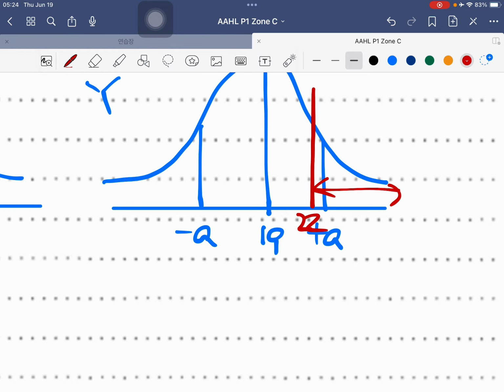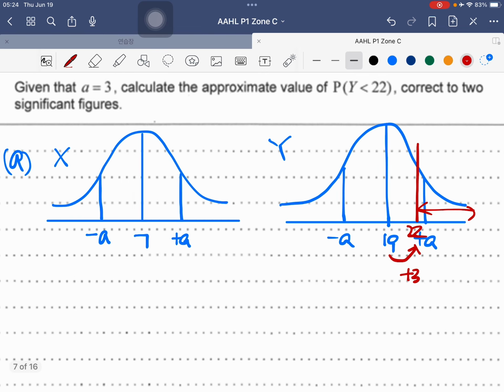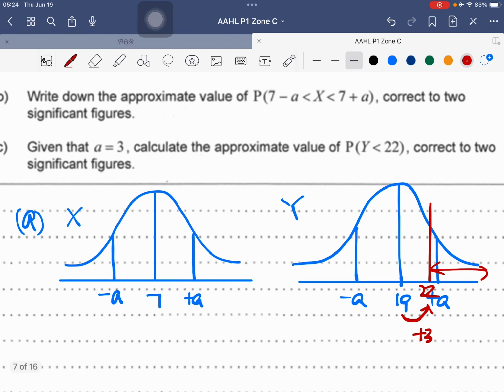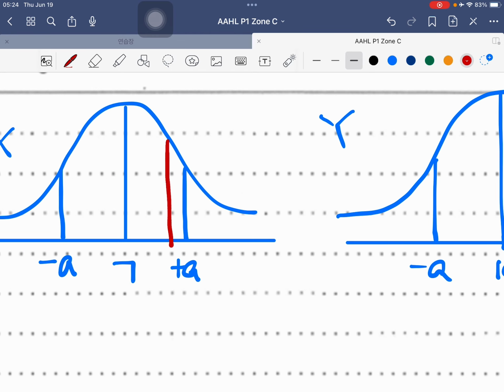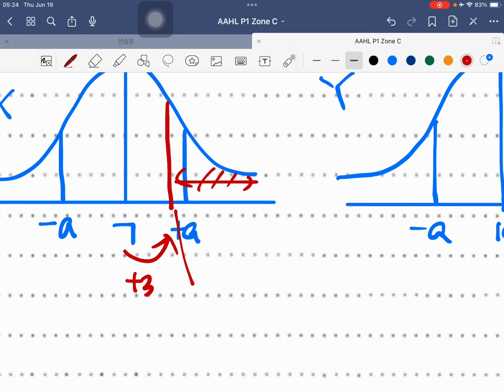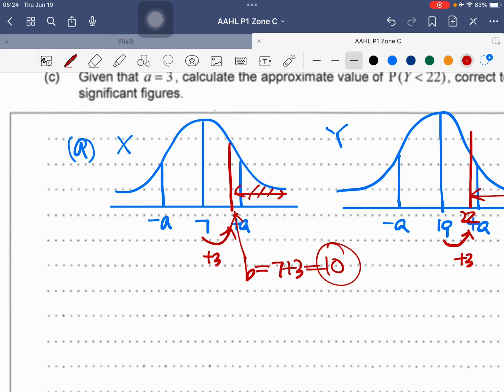Notice that the distance from the mean to the y value is plus 3. So for x greater than b to have the same probability, this value also has to be plus 3 from the mean, so this point b should be 7 plus 3 equals 10. So this is the answer for the first question.